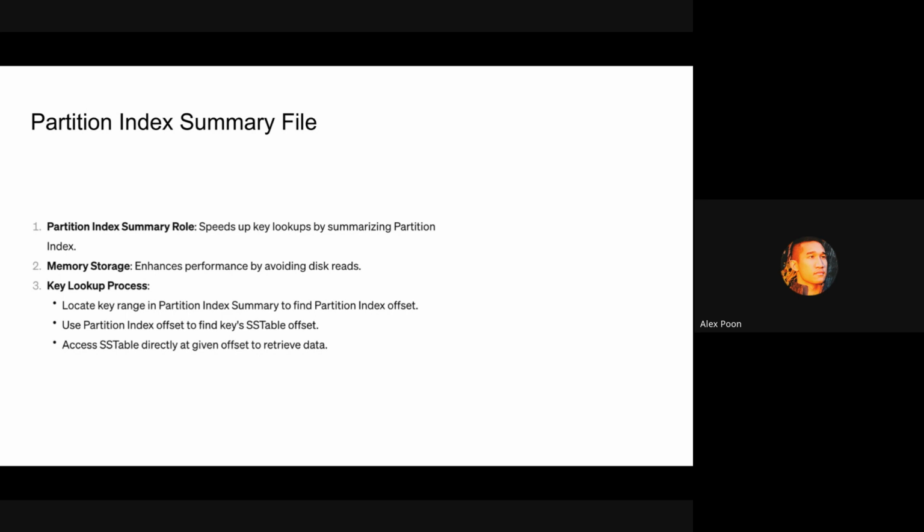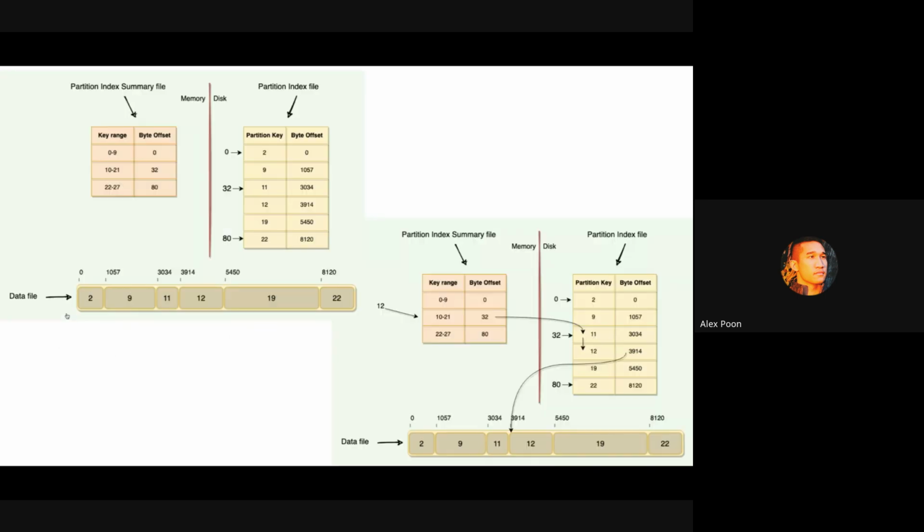For example, if we want to read data for key 12, here are the steps we need to follow, as we see in the figure below. 1, in the partition index summary file, we find the key range in which key 12 lies.